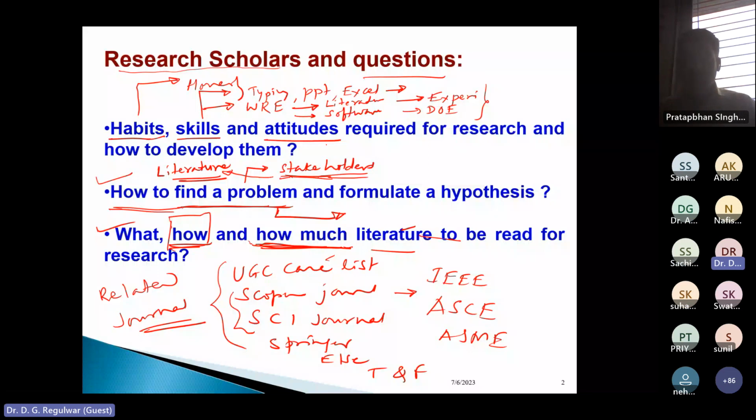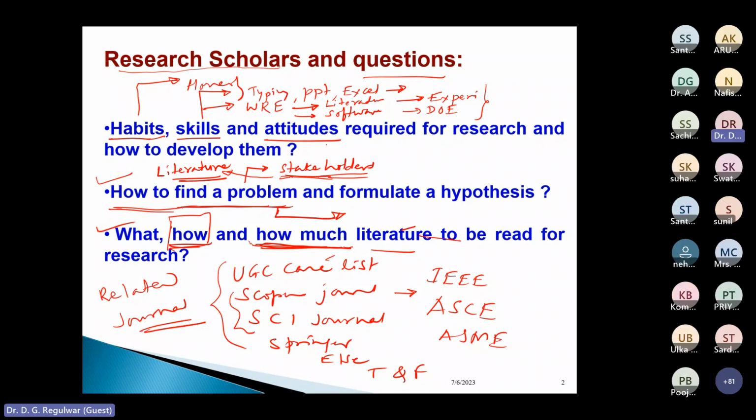They are always the best rated because in the international standards, when we see the impact factor, that is more important, and the SCI journal or Scopus journal, their impact factor is always being referred by international audience.